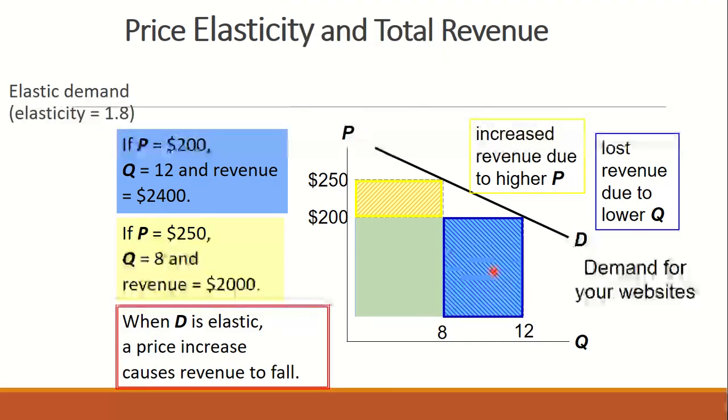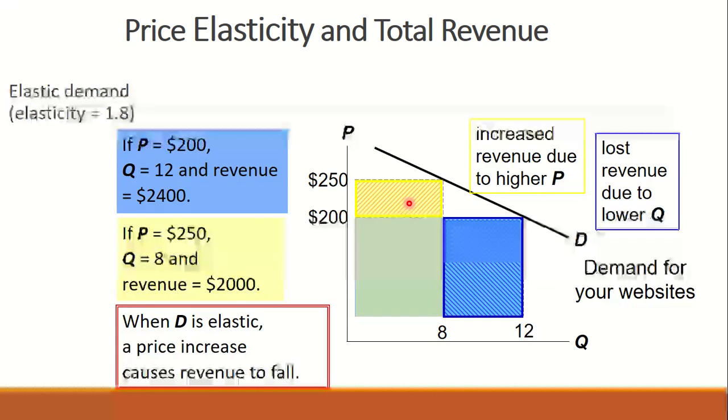This shaded area is the revenue that is lost due to the lower quantity, and this yellow shaded box is showing the increased revenue due to higher price. If you observe, the lost revenue is greater than the revenue we gained, as a result of which total revenue decreased.